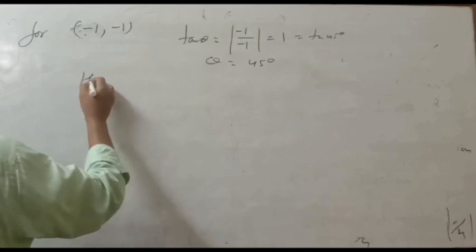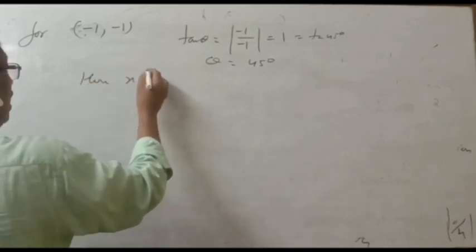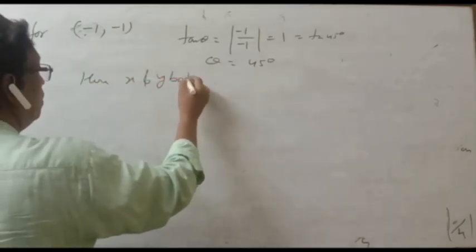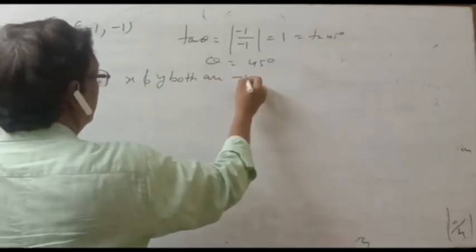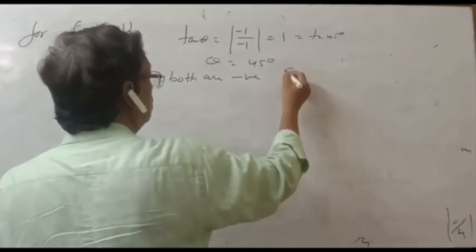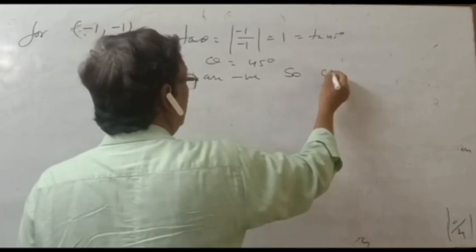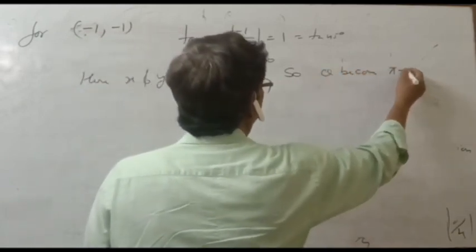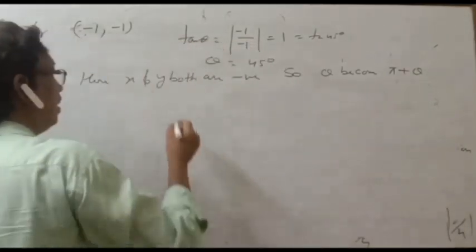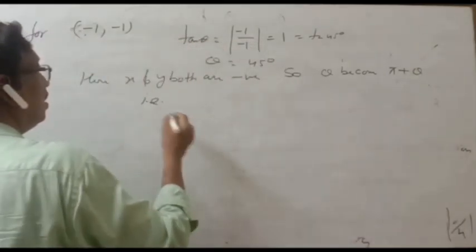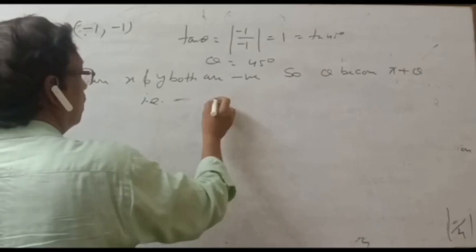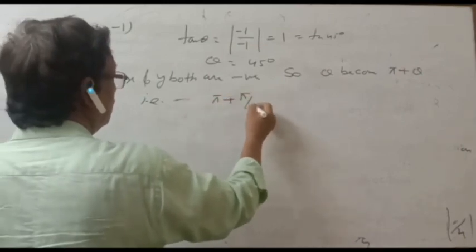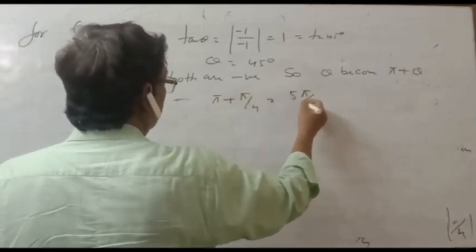For example, if here x and y both are negative, so theta becomes pi plus theta, that is pi plus pi by 4.